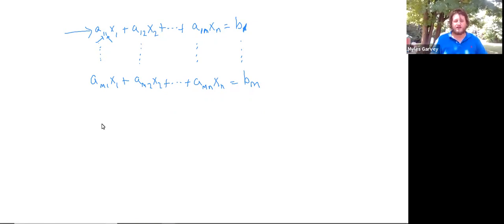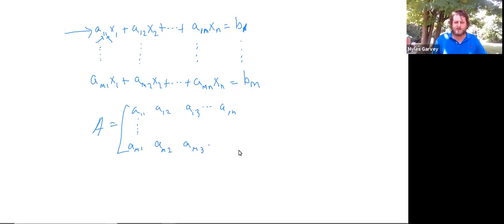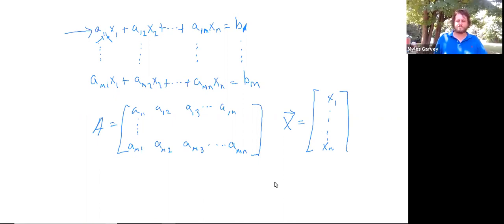So if you define a matrix A as a11, a12, a13, all the way to a1n, and you do that for the m, and you do that up to the n, and you define a vector x, and you define another vector b, you'll notice that we can actually write this system of equations in very compact form.